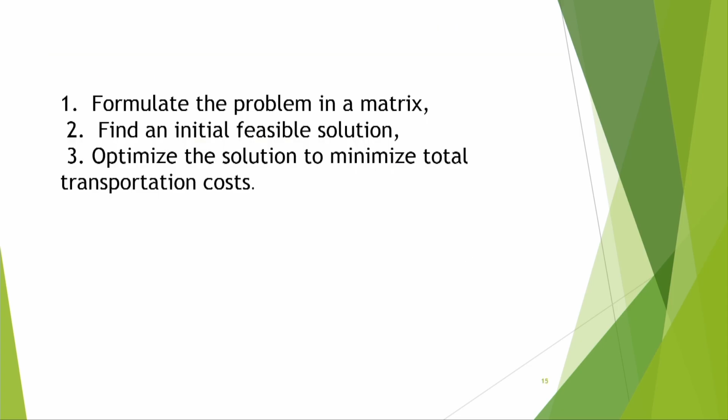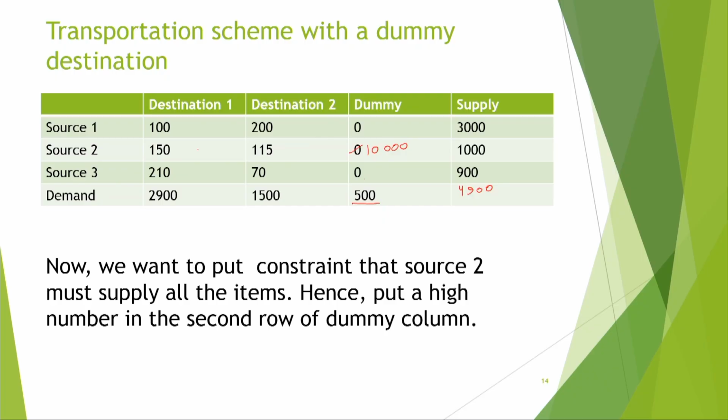So now how do you solve that? Formulate the problem in a matrix, then find an initial basic feasible solution and optimize the solution to minimize total transportation cost. That is the third step that we will be discussing. But first we will discuss how to obtain the initial solution. In the next class we will discuss the step of formulating the problem in a matrix, which you have already seen.